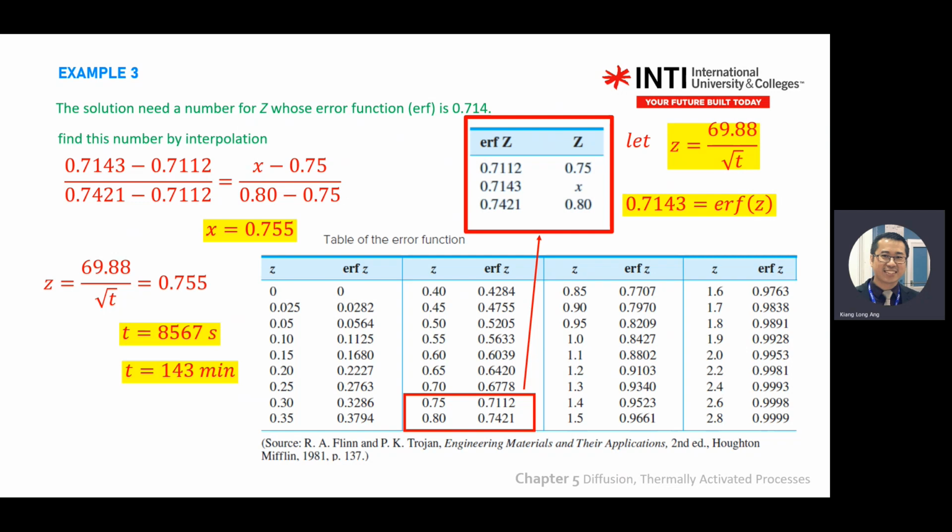Here, CS and Z. So this is one way, but how do you do the reverse? What happens if your CX, the concentration at that particular depth, is missing? You want to find that concentration at that particular depth. How do you find it? So try to rehearse this kind of question.